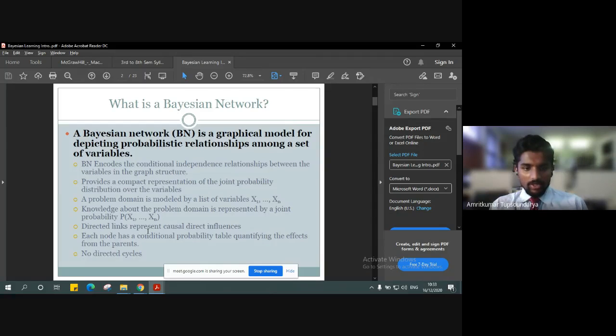Everything which can be related to probability, like the chances of getting heads or tails after tossing a coin. So these are the predictions.